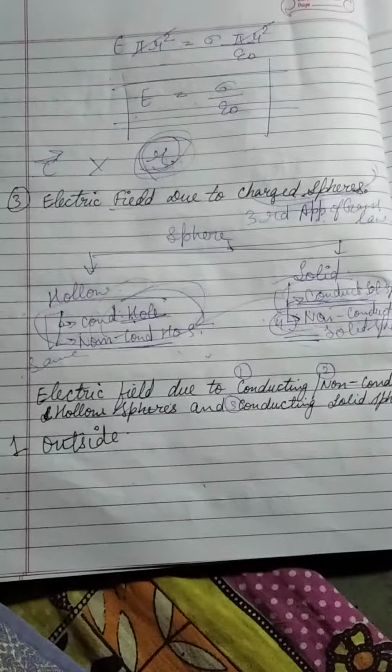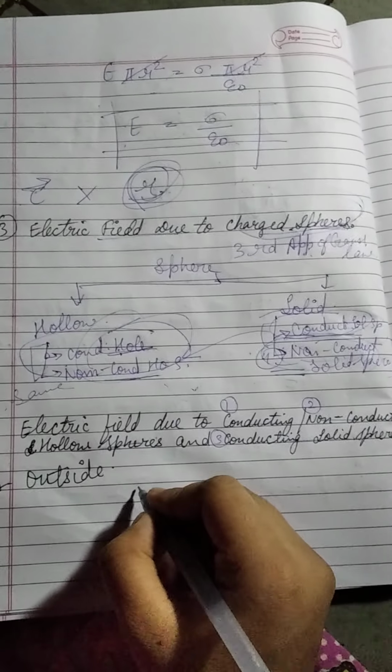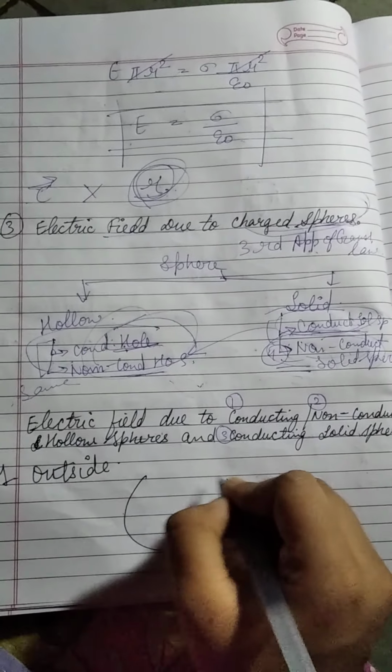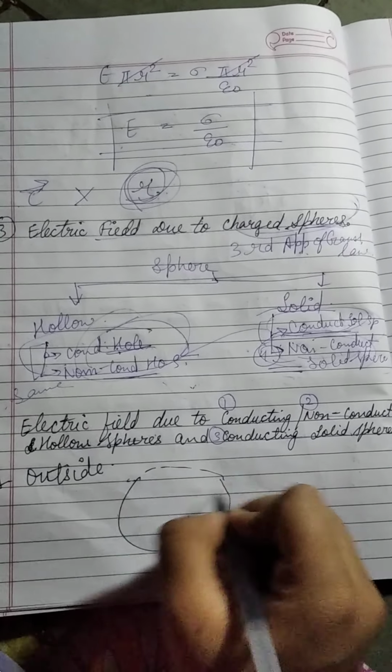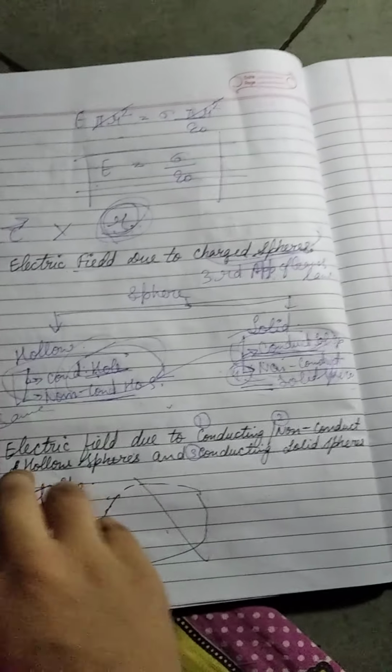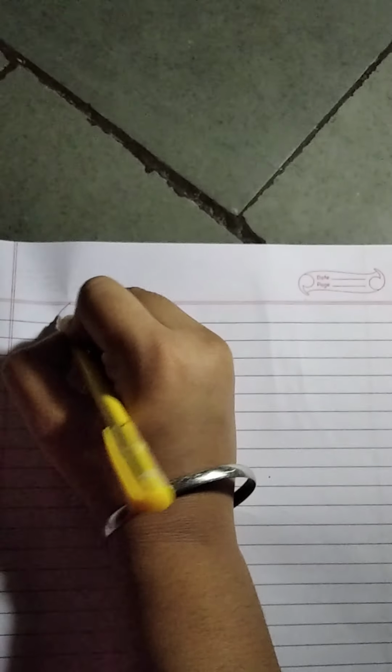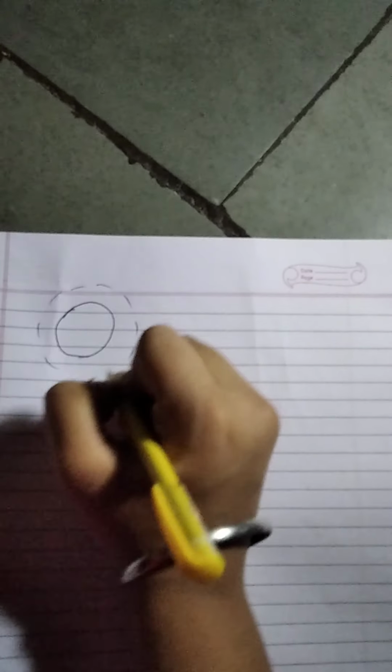Outside, so let's draw the sphere first. This is the symbol. Let's take a new page. Now I am drawing a small sphere because we have to do outside, means Gaussian surface will also come, but it is outside the surface. So this is the Gaussian surface. Remember students that this radius should be different for different spheres.